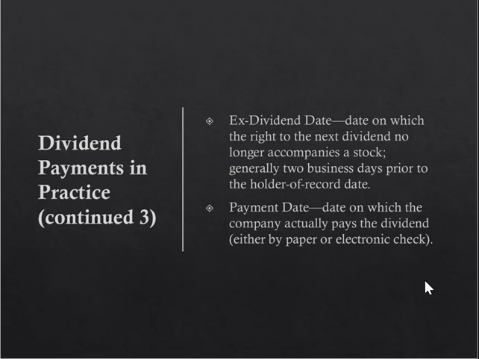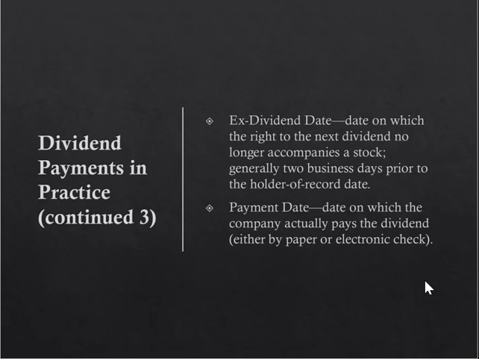I realize it's a little bit confusing, but essentially, if you own the stock on the ex-dividend date, you get the dividend. If you buy the stock after the ex-dividend date, you don't get the dividend, even if it's before the date on which the company says, as of this date, shareholders will receive the dividend.